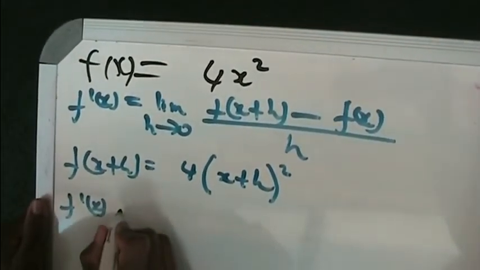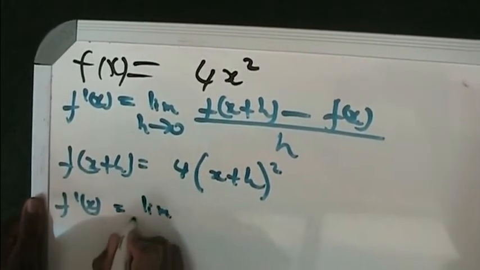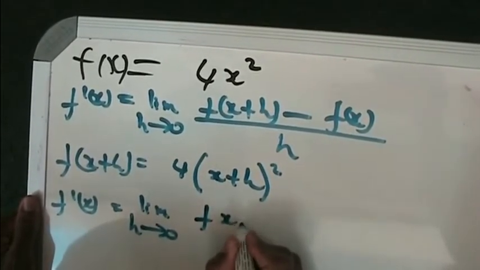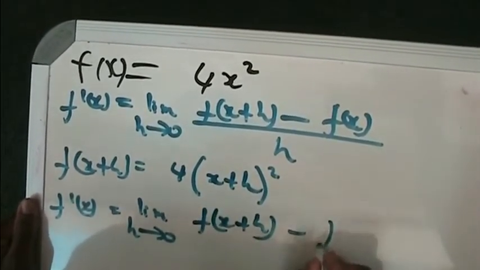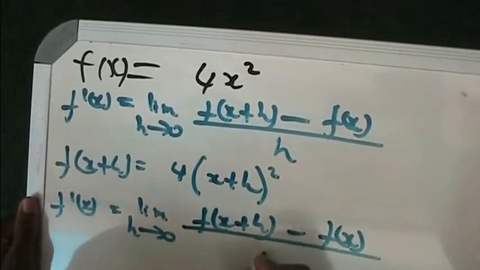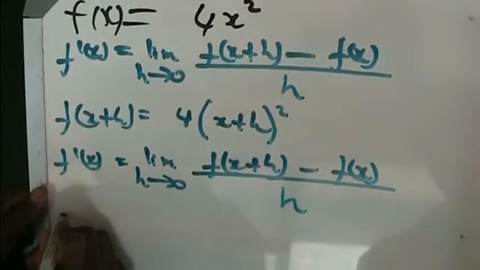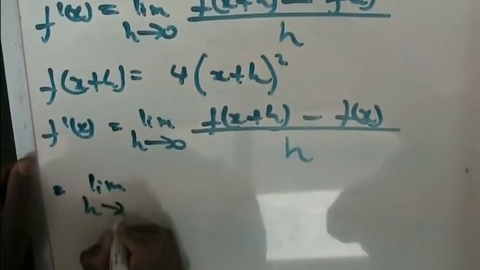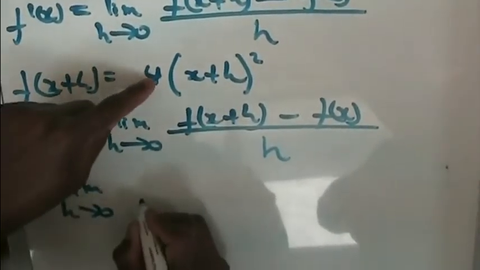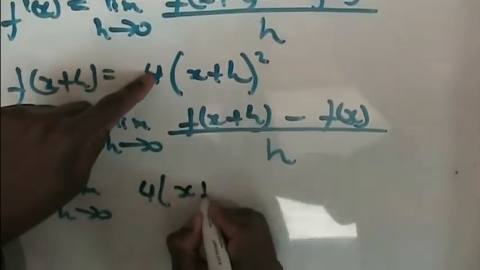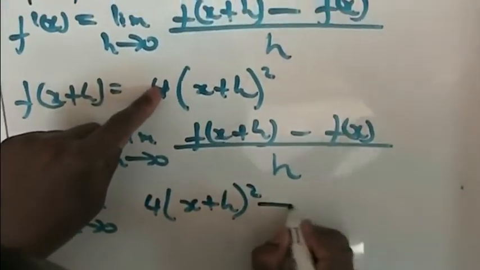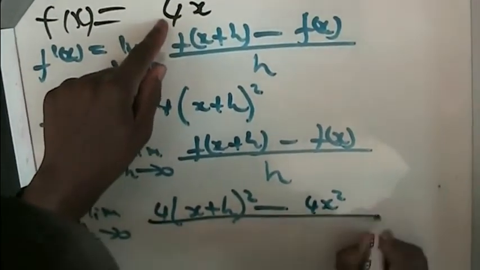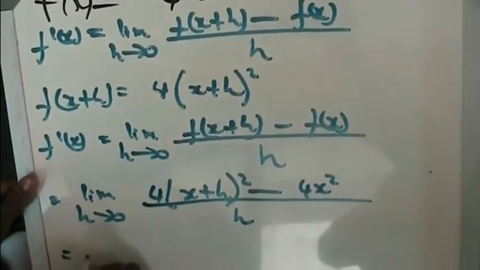Therefore f prime of x is equal to the limit as h tends to 0 of f of x plus h minus f of x over h. Therefore f of x plus h is 4 into x plus h all squared, minus f of x, 4x squared, all over h.